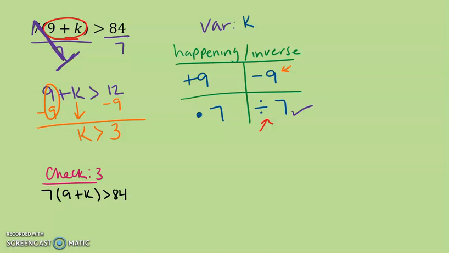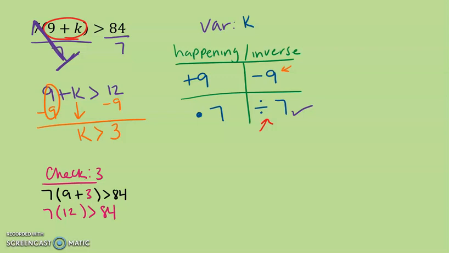And instead of that k, we are going to substitute it with 3. And now we're just going to follow order of operations. So I need to do the math inside those parentheses first. So I'm going to have 9 plus 3, which is 12, is greater than 84.